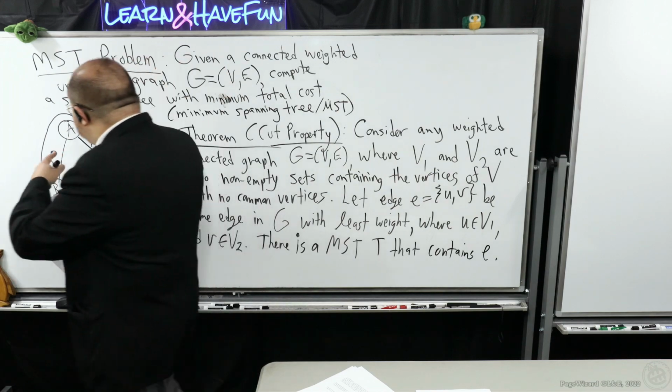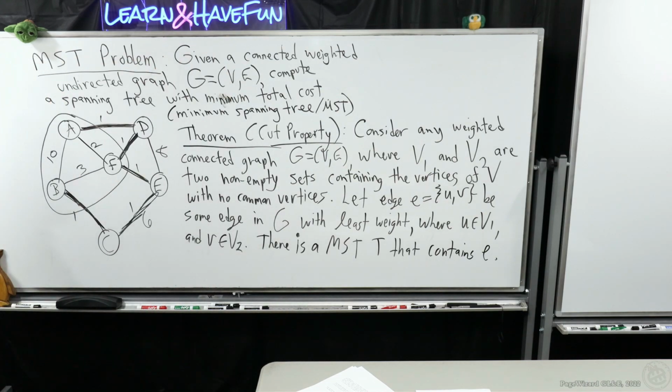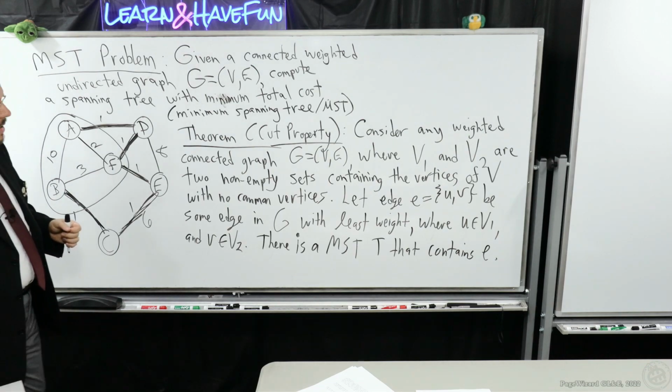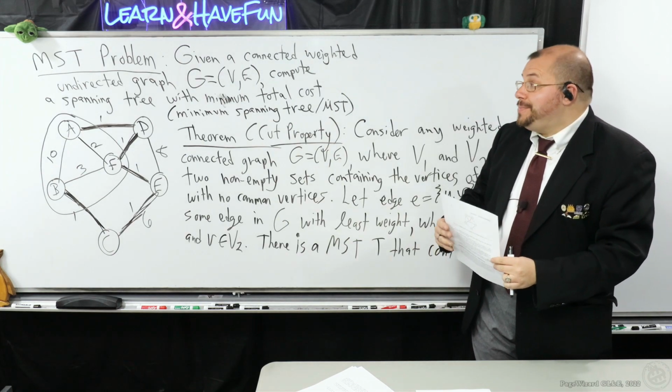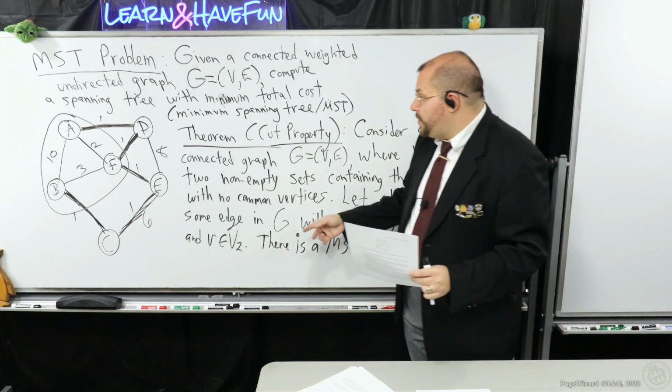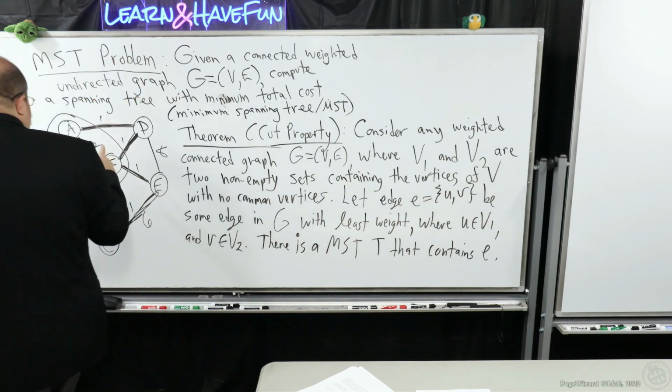Do you notice that in my instance here, I have exactly one minimum spanning tree? There's only one possible one here. I want to show you how this cut property could be used after we go through the proof, but I just want to give you an example of what I mean.